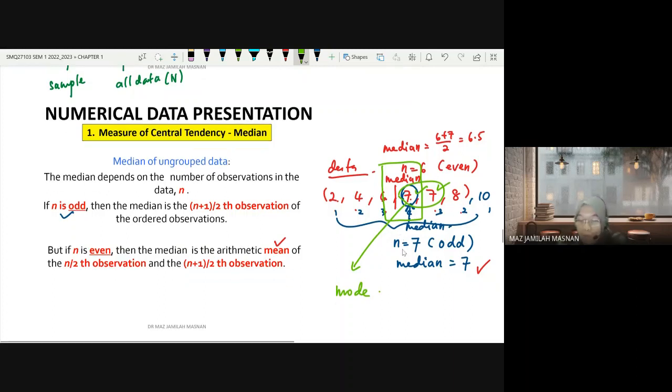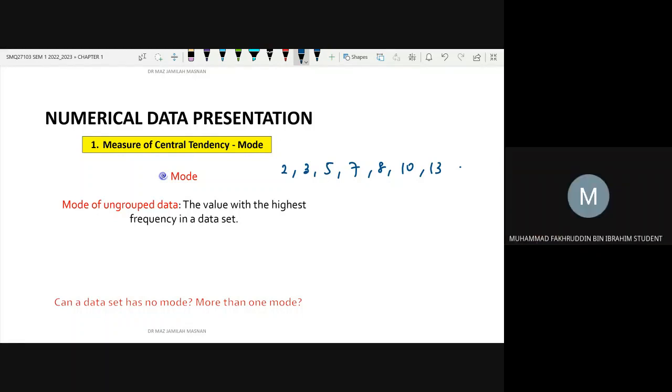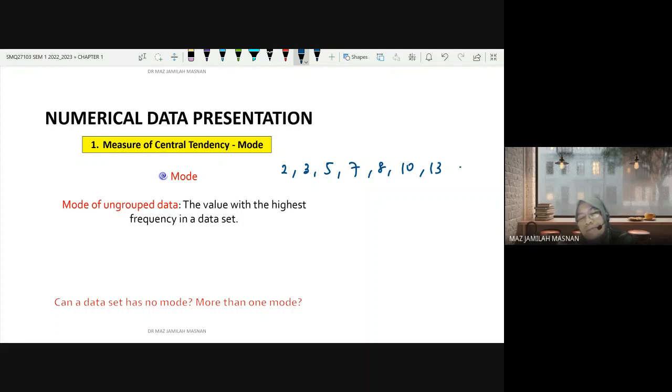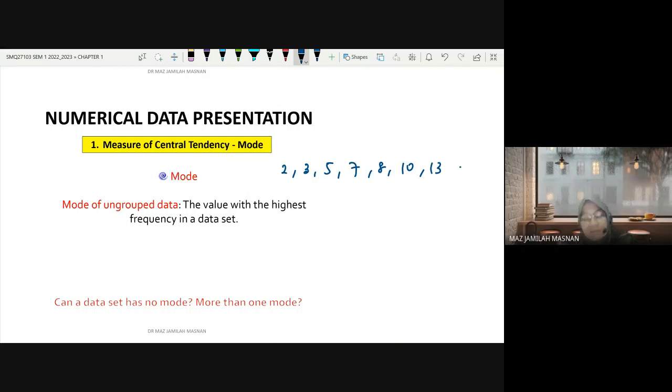Okay, what if I have data, for example, class, I have data 3, 2, 3, 5, 7, 8, 10, 13. What is the mode for this particular data, class? 13. Why 13? Because it is a bigger number. No, wrong.